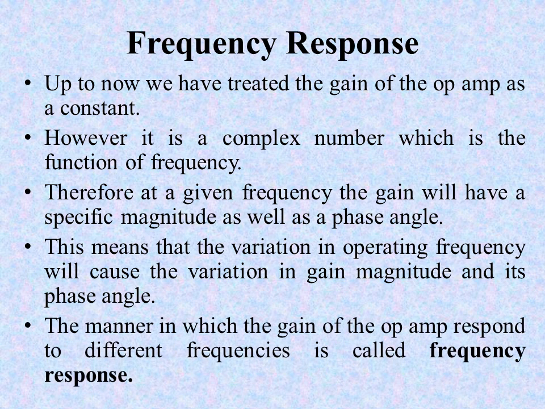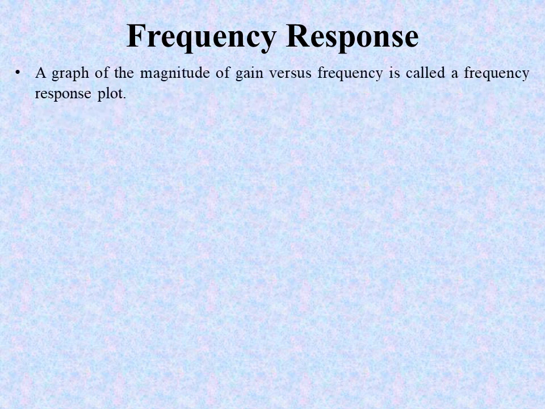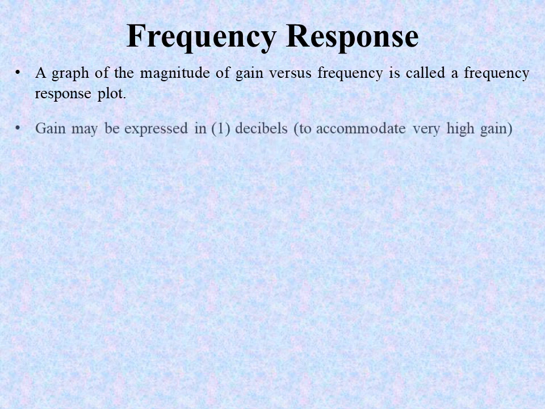So the manner in which the gain of the op-amp responds to different frequencies is called frequency response. Now how can we study frequency response? While studying frequency response, certain parameters are considered. A graph between magnitude of gain versus frequency is called a frequency response plot.